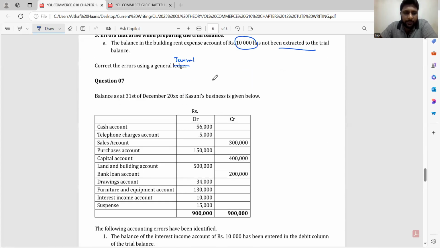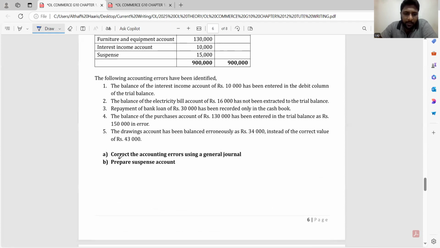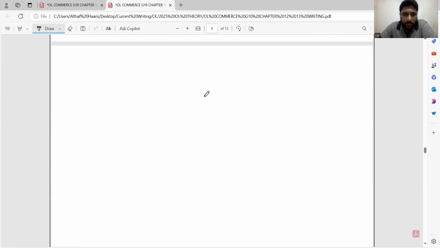Now let's move to the next question. Question number 7. They're asking us to correct the mistakes using the general journal, and they're asking us to repair the suspense account. So let's put down the format.